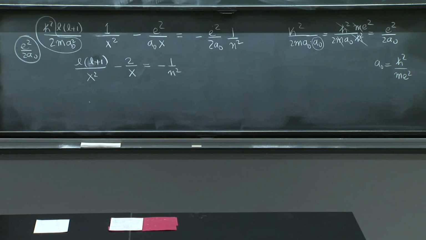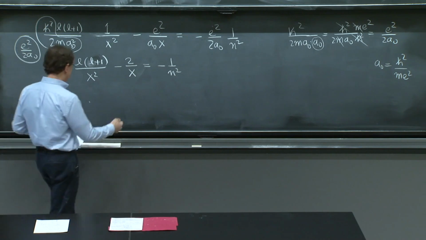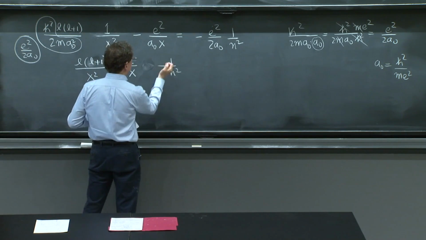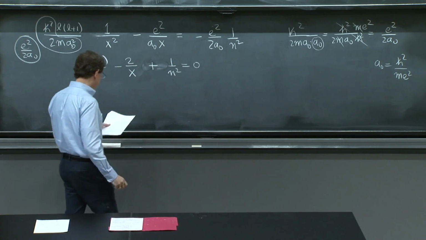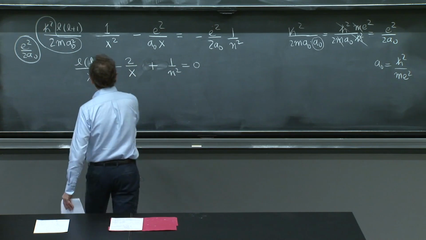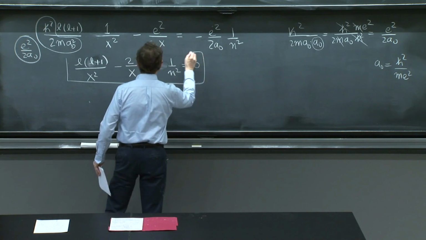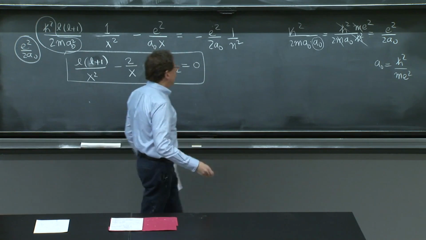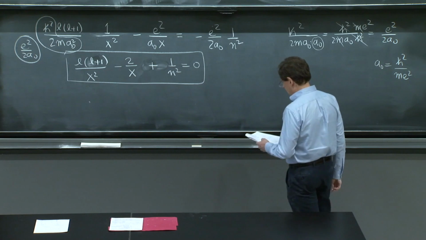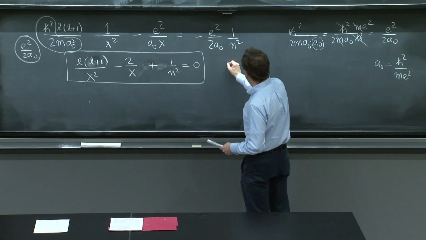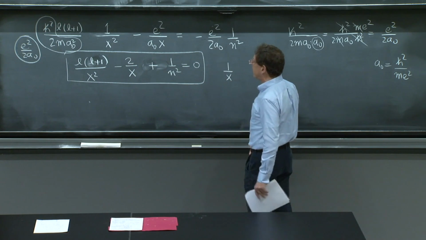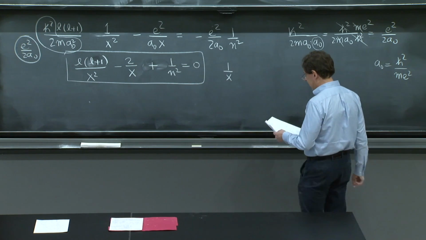So let's move this to the other side. Plus 1 over n squared equals 0. So you have, this is the main equation. And we can write this, well, the solution for 1 over x is a quadratic equation in 1 over x.